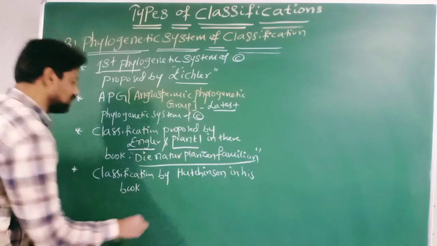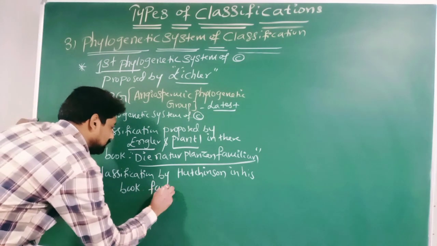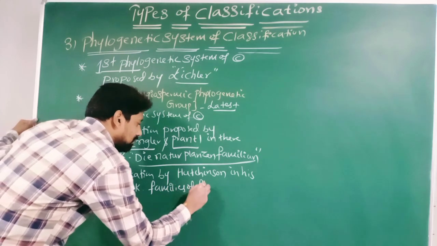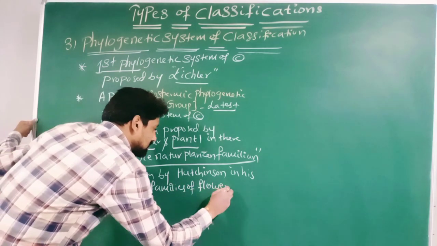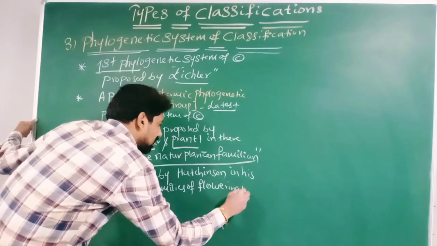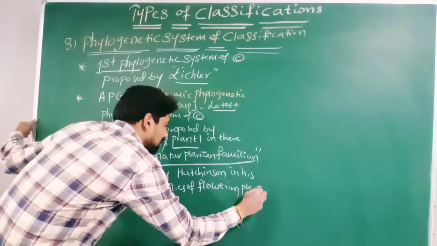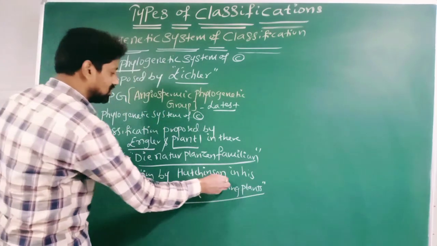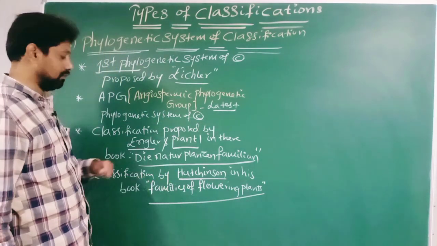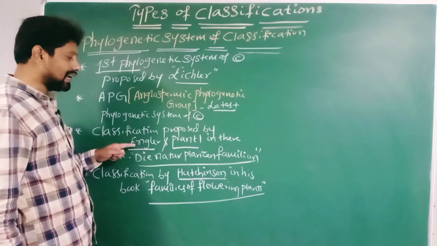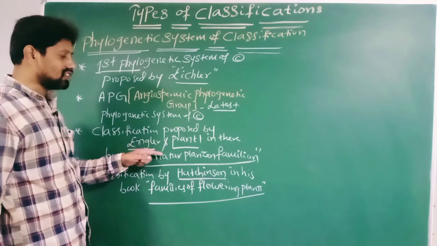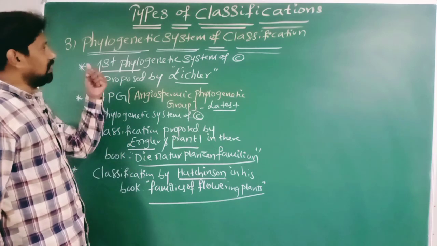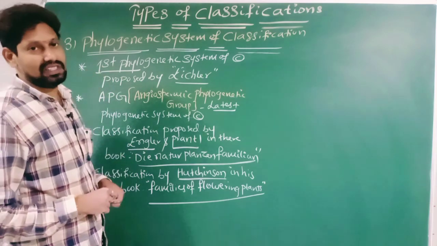In his book, Families of Flowering Plants. Families of which plants, sir? Flowering plants. Therefore, see here, book written by Hutchinson, Families of Flowering Plants. Book written by Engler and Prantl, Die Natürlichen Pflanzenfamilien. Okay, all these are examples for phylogenetic system of classification, right?